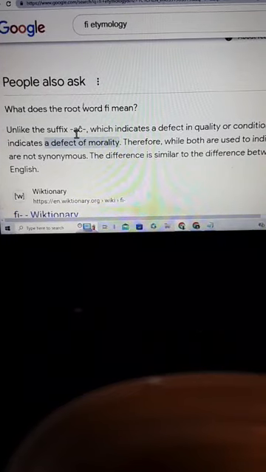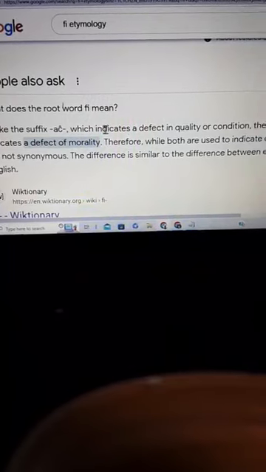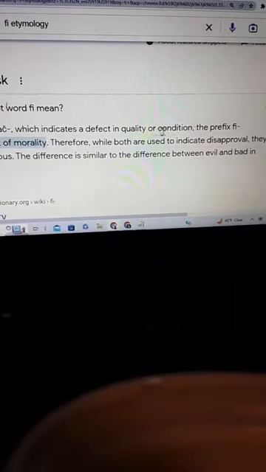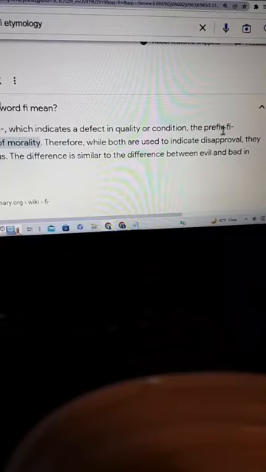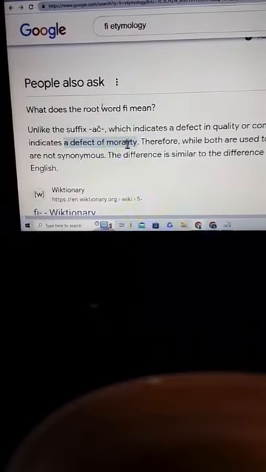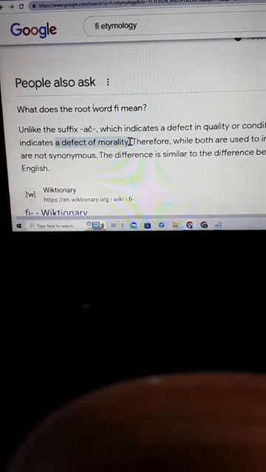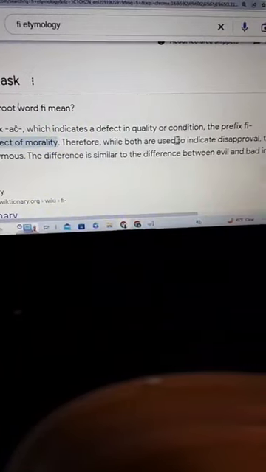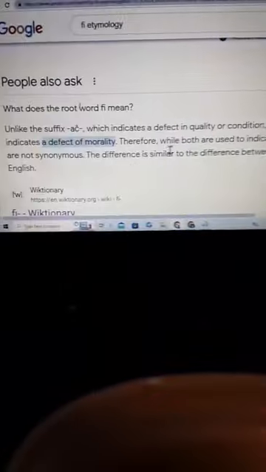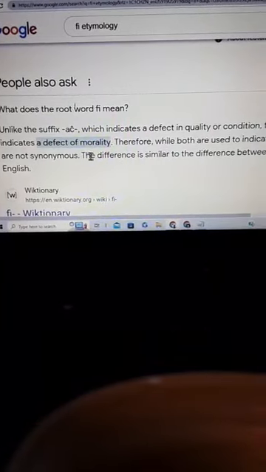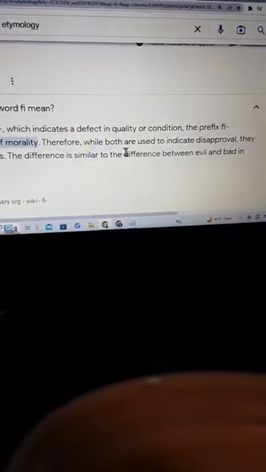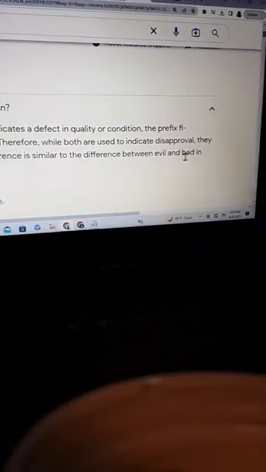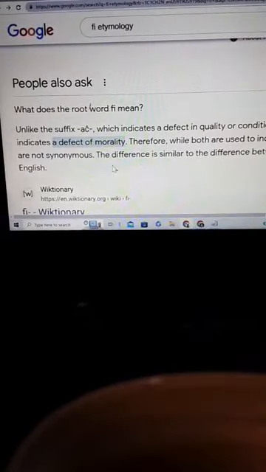Unlike the suffix ac, which indicates a defect in quality or condition, the prefix fi indicates a defect of morality. Therefore, while both are used to indicate disapproval, they are not synonymous. The difference is similar to the differences between evil and bad in English.